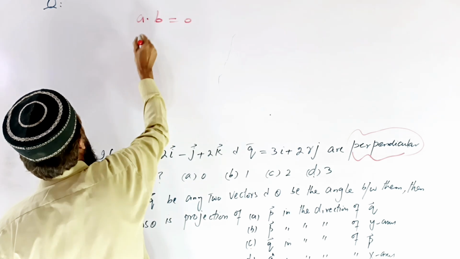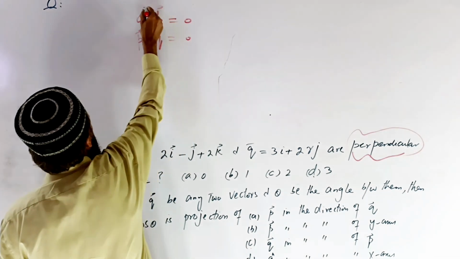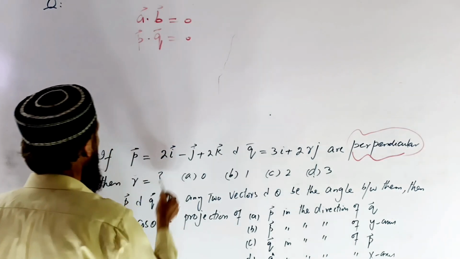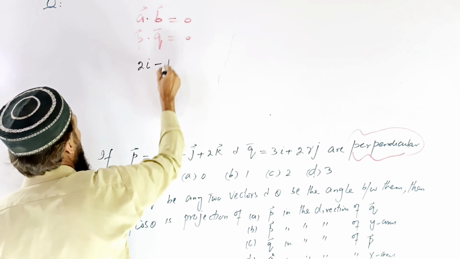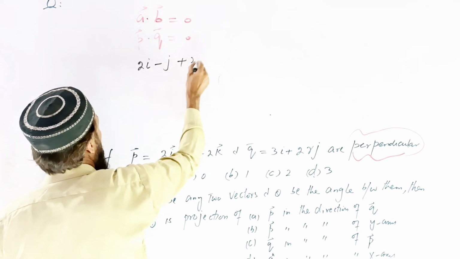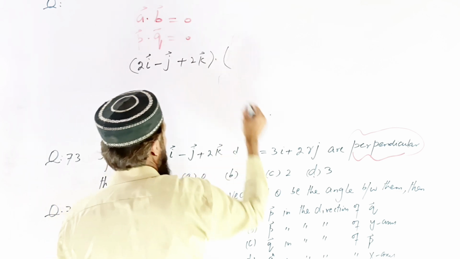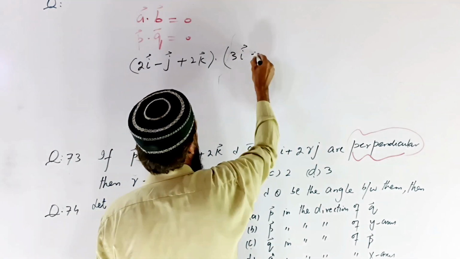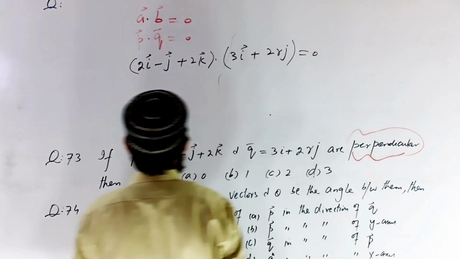So here P dot Q is equal to 0, as both are perpendicular. We apply that property. If we replace P with 2i minus j plus 2k, dot Q, which is 3i plus 2rj, what will the result be?